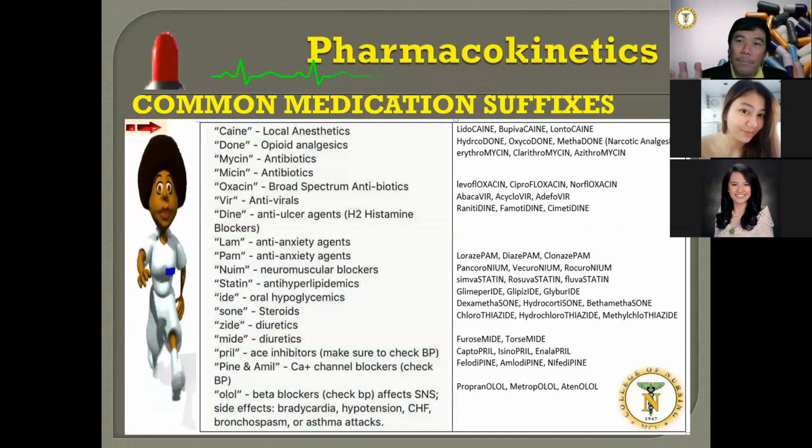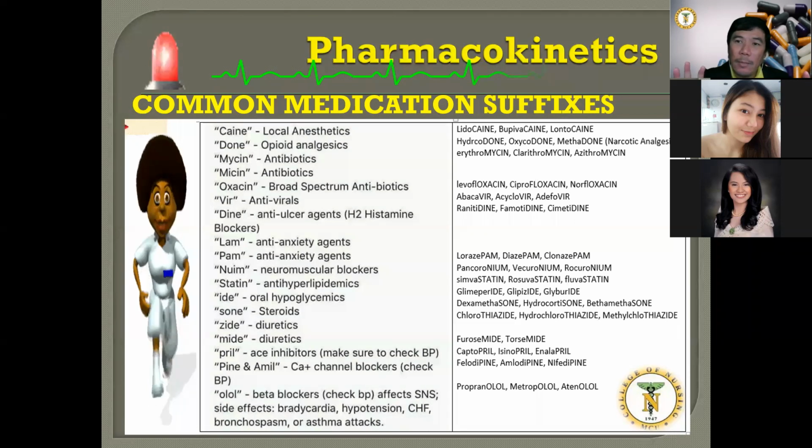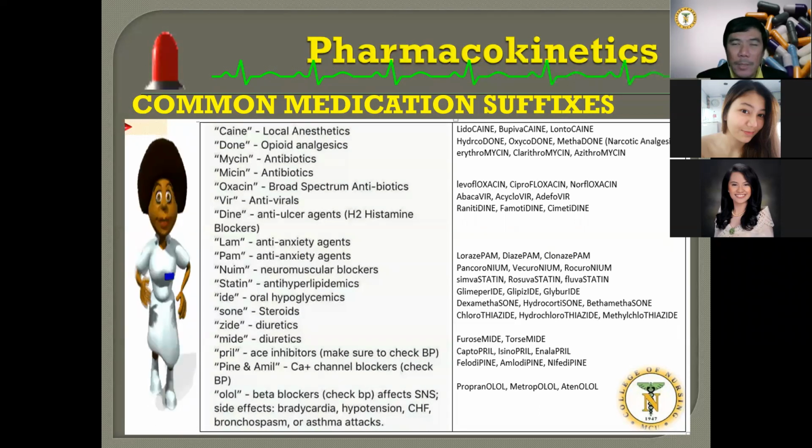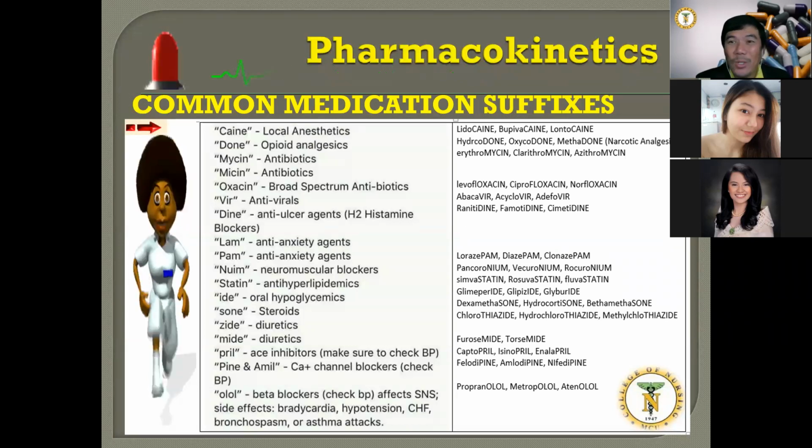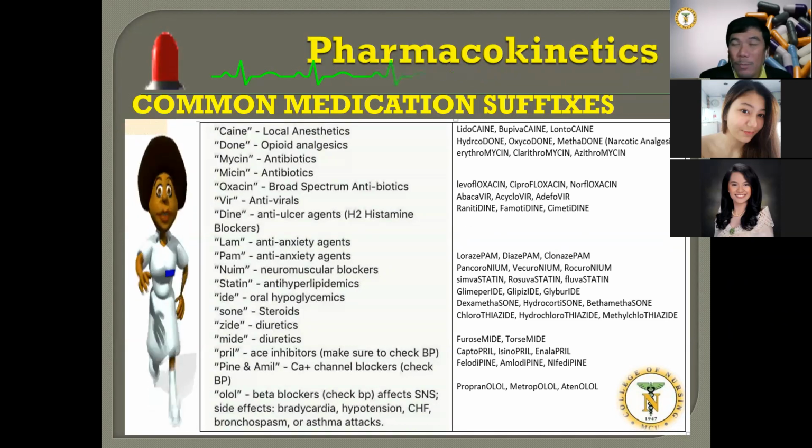Some are combined: aluminum hydroxide, magnesium hydroxide, plus simethicone, which is Maalox. These are considered antacids.